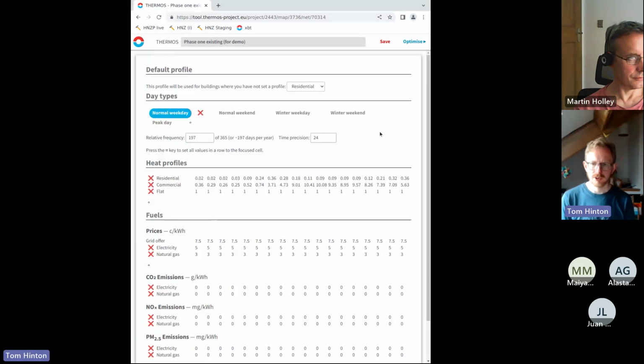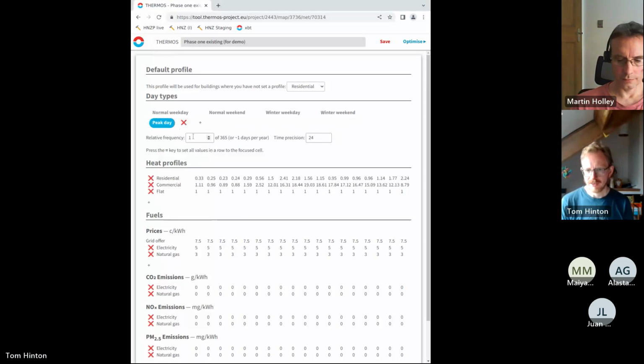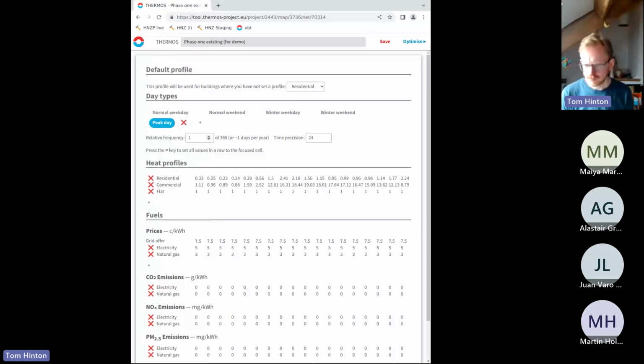So in this default set of parameters that the model has in it, there are 197 normal weekdays in a year. There are 78 normal weekend days in a year, and then there's 62 wintry weekdays in a year, 27 wintry weekend days in a year, and then there's one peak day, which is the maximum day across the year.